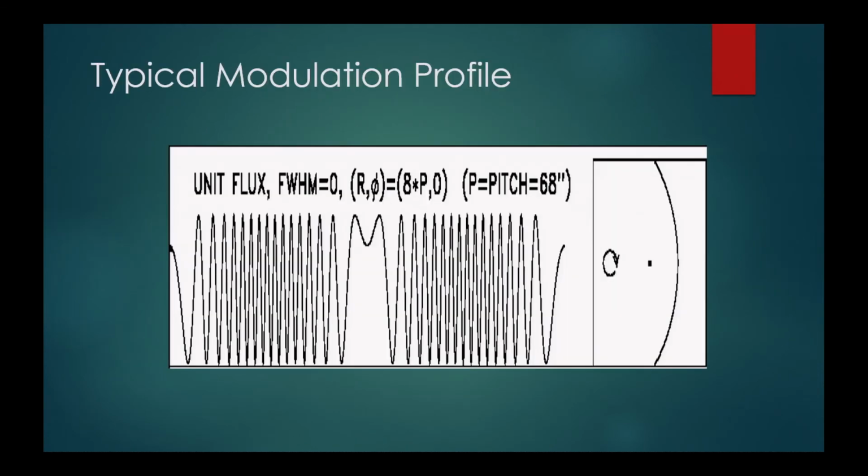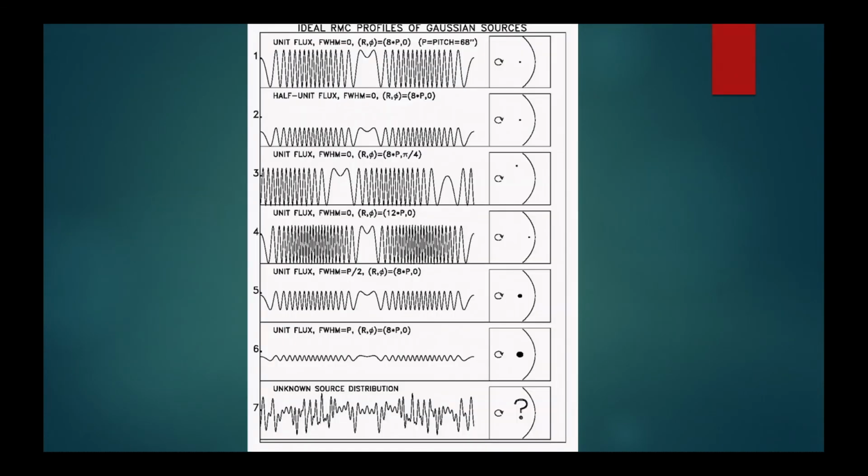The trick is to do like this. There are the modulation patterns produced by different sources of different polar coordinates and of different sizes, because eventually if the source is big enough, you see always half of it at any given time. It's not modulated, and the intensity of the pattern goes down.